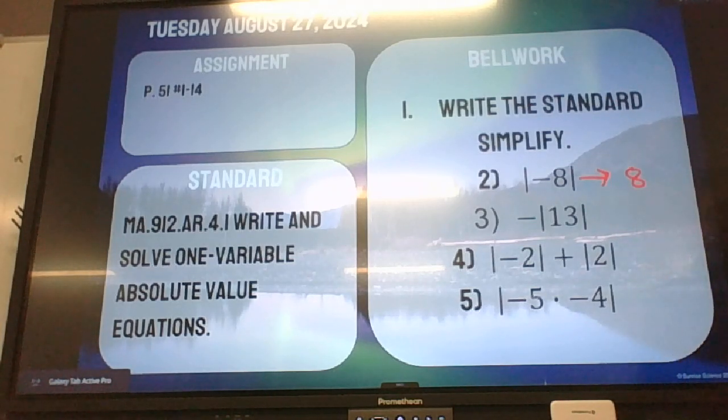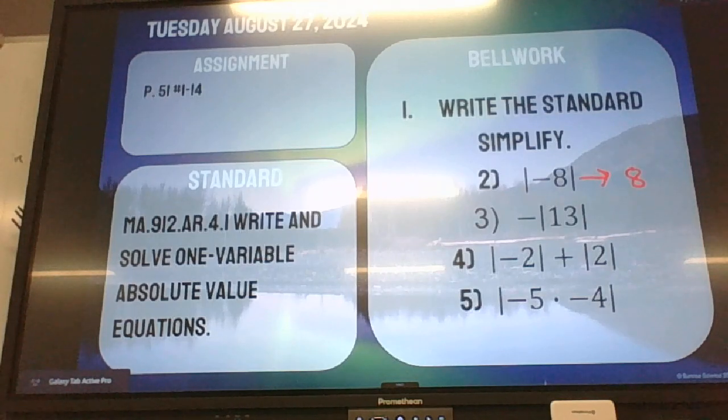Let's see a thumbs up if you finished 4 and 5 already. Okay, that's probably everybody who's going through. I will continue. Here's number 4. Absolute value of -2 plus the absolute value of 2. I'm going to show my work and take it one step at a time.